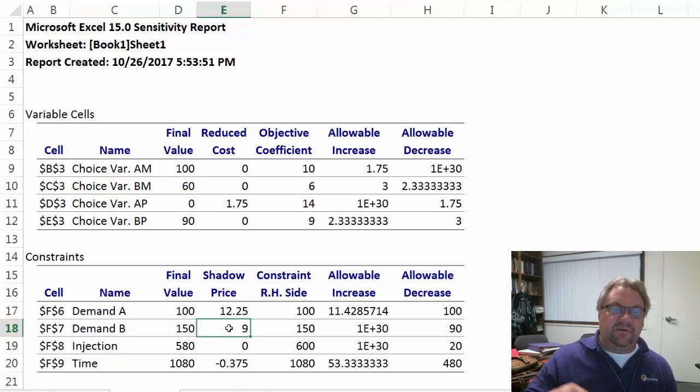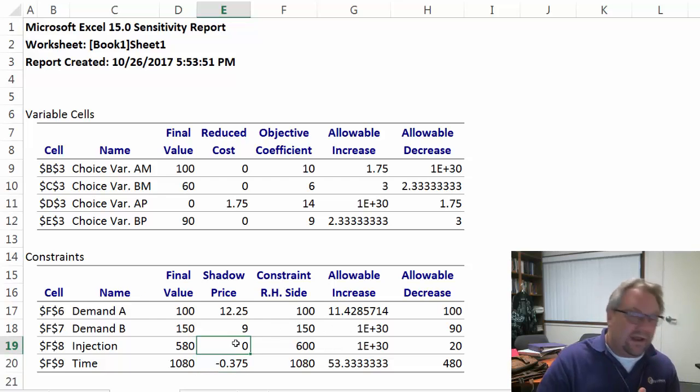For B, if demand for product B were increased by 1, my cost would go up $9. Now the injection time, I'm sorry, I said that wrong. Yeah, injection time. Because this is a non-binding constraint, the shadow or dual value is 0, right?